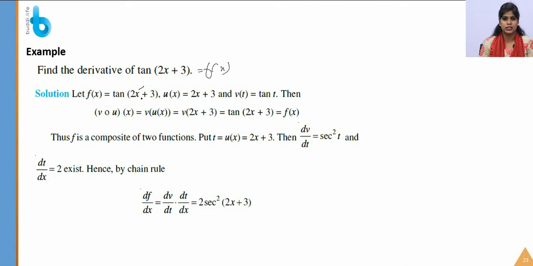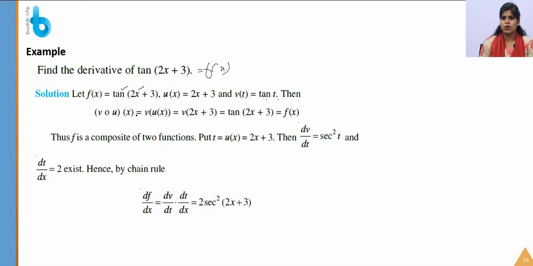An algebraic function, that is, the algebraic expression under the trigonometric function. So this algebraic expression alone I am taking as the function u. So u(x) equals 2x plus 3, and v as a function of t, v(t) equals tan t, that is, the trigonometric tan function in terms of t. Then what happened?